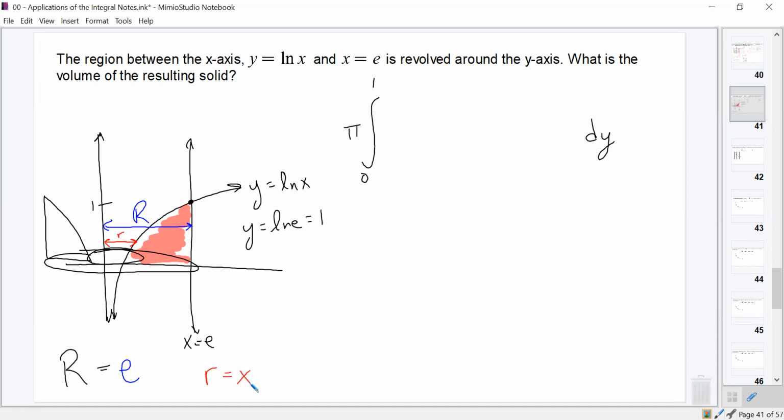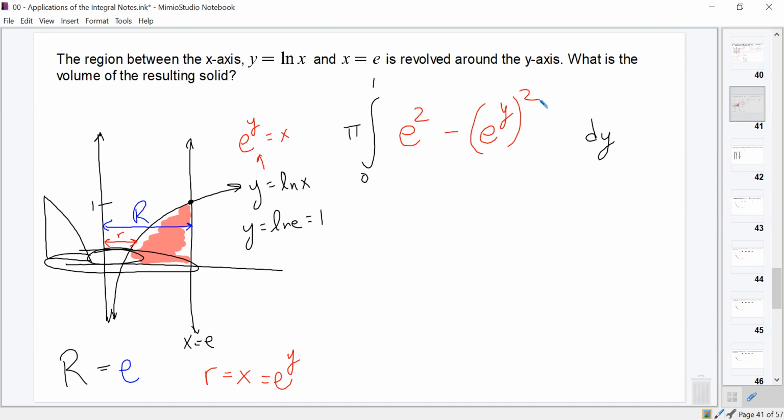But in this case, since we're doing it in terms of y, we need to turn x into terms of y. So we'll exponentiate both sides of this to get e to the y is equal to x. And so our inner radius is e to the y. So here we've got e squared, outer radius squared, minus e to the y squared, and then dy.